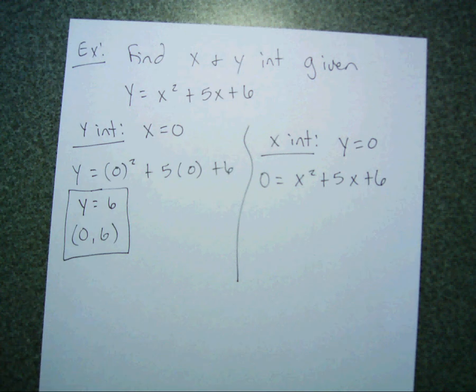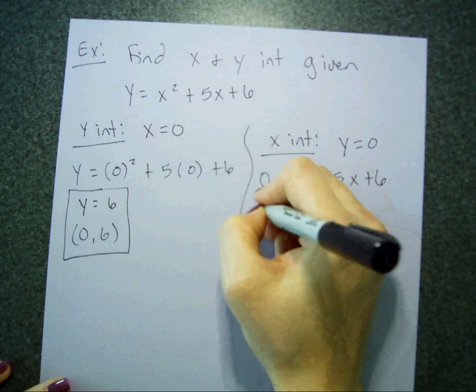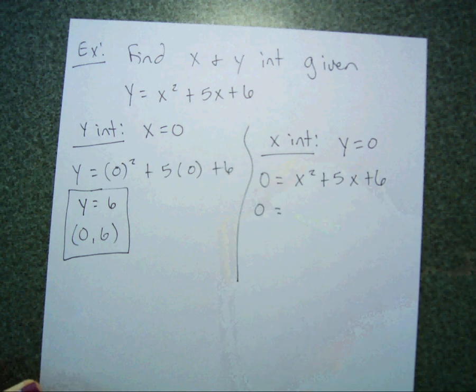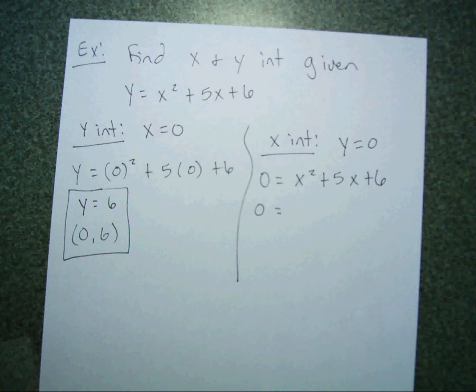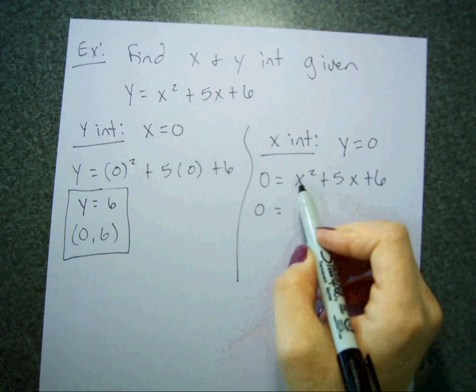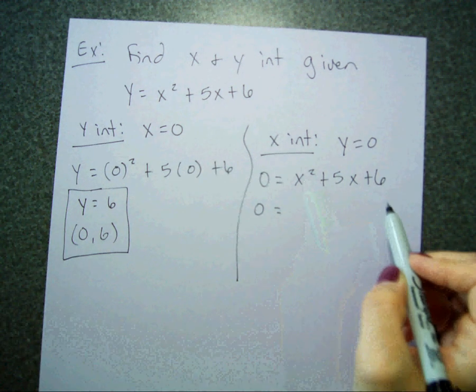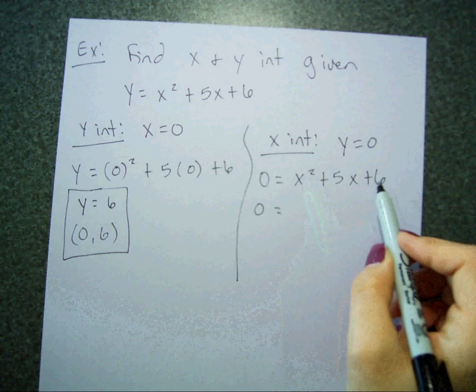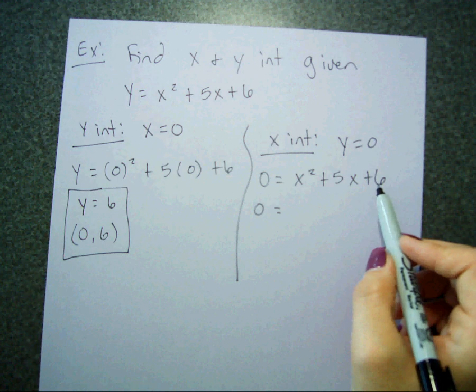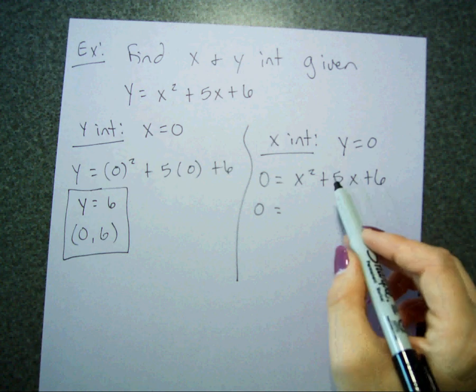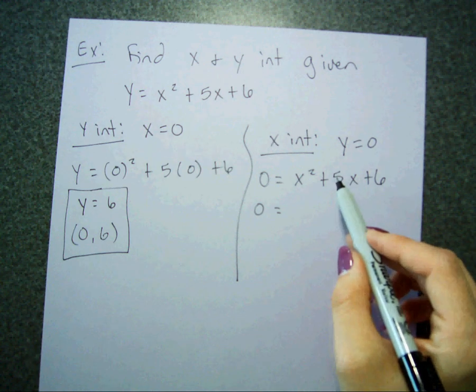I look at this and I know that it's factorable, so I'm going to factor it. What does this quadratic factor into? Sorry, video watchers, that was gross. But what does this factor into? So remember, I don't have a number in front of x squared, so all I'm looking at is my last number, the 6. I want to know what numbers multiply together to give me 6 and, when I add them together, give me 5. 3 and 2, 2 and 3.